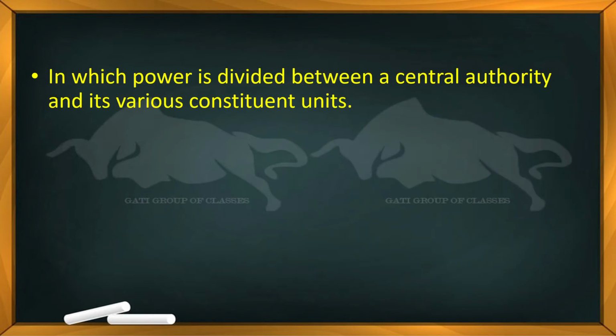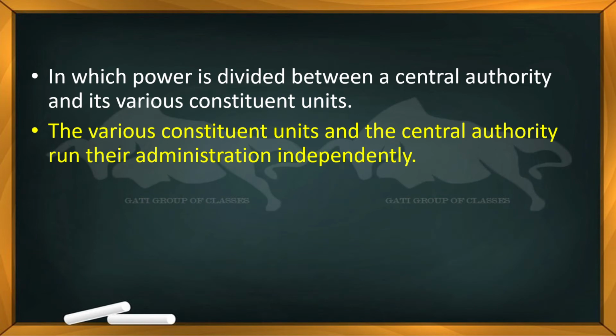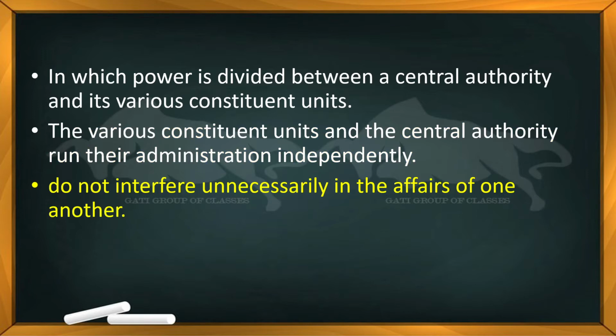Here is the definition: a system in which power is divided between a central authority and its various constituent units. What does constituent units mean? That simply means states. The various constituent units and the central authority run their administration independently. No one is going to interfere in each other's work, and even the states are not going to interfere in another state's work. These are the main points.